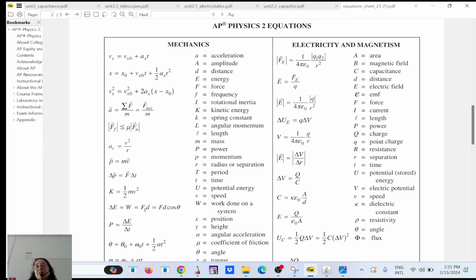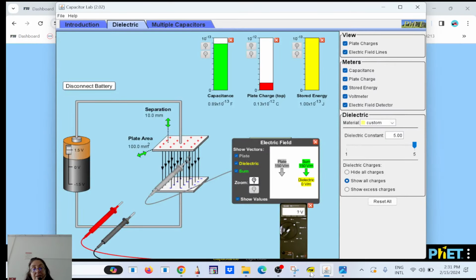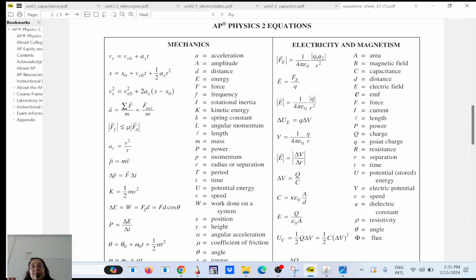And you have this equation here: E equals delta V over delta R, which is like a slope. So for a parallel plate capacitor, the electric field is the voltage across the plates divided by the distance between the plates. You see that?